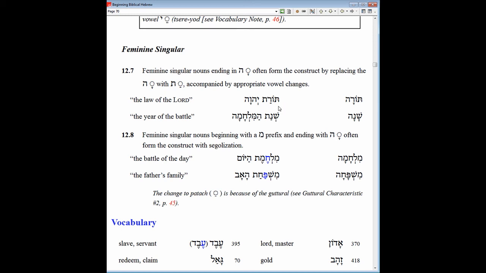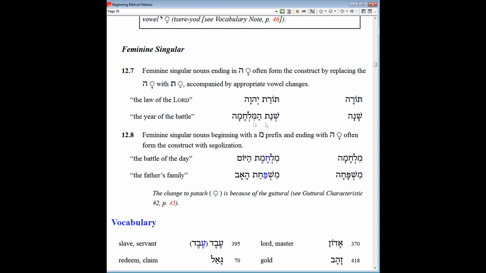The change you really need to know is the consonant change, because you don't really need the vowels. The he will change to a tav when nouns that end with he are in the construct position of a construct relationship. Just remember that. Torat Adonai, law of the Lord.